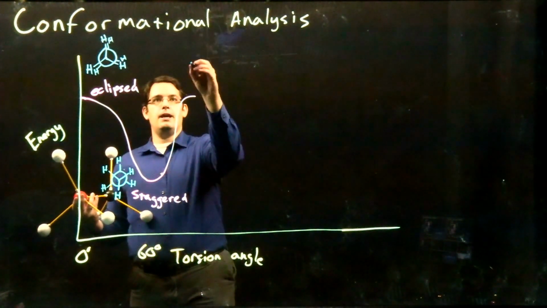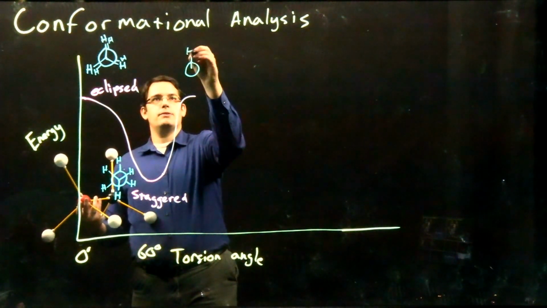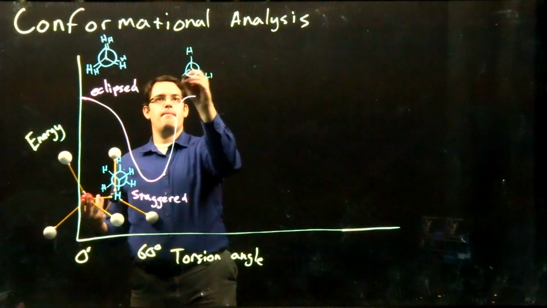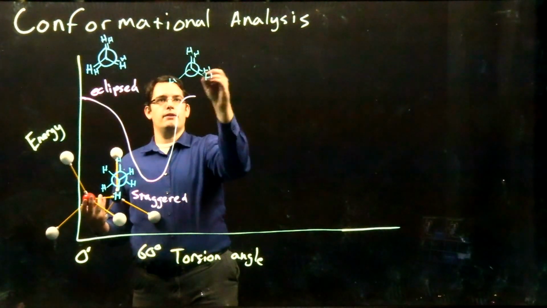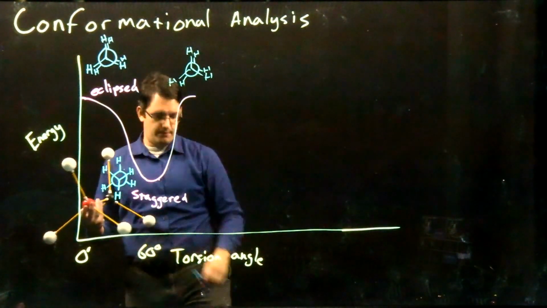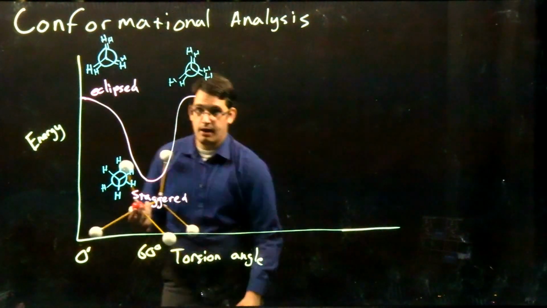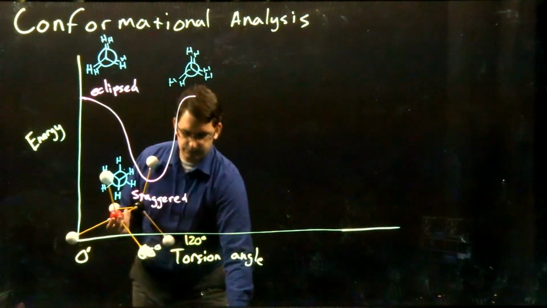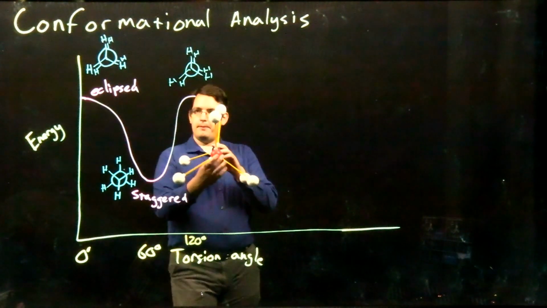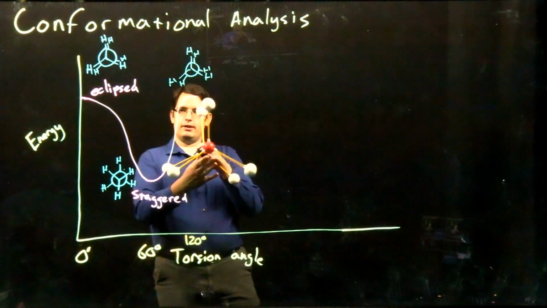So I have another eclipsed state. My structure would look exactly the same here. Again, I show those hydrogens peeking out from behind on the back carbon, and I've reached 120 degrees. This conformation is exactly the same as my original eclipsed conformation.